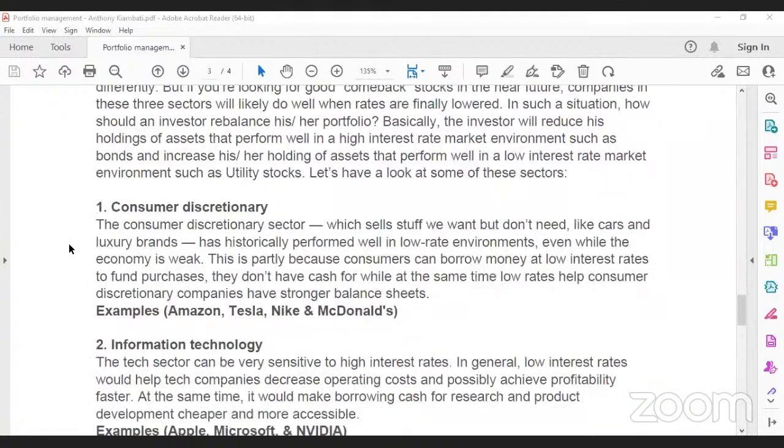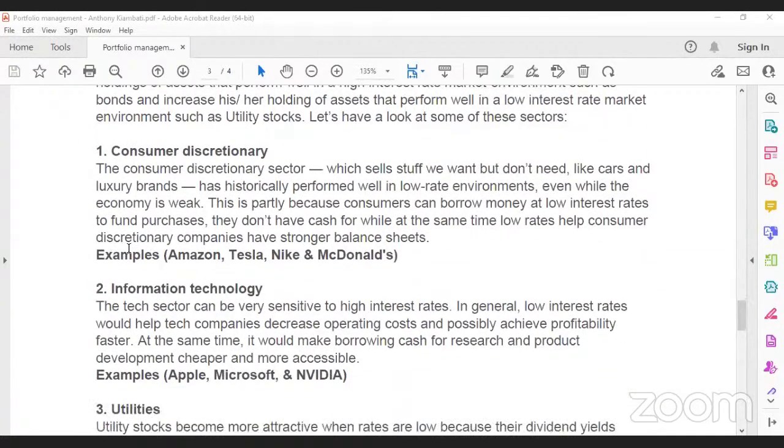So one sector that performs well in such an environment is the consumer discretionary sector. And the consumer discretionary sector is basically companies that sell stuff that you don't need, but you want to buy. Basically, these are cars, luxury brands. Historically, this sector has performed well in a low rate environment.